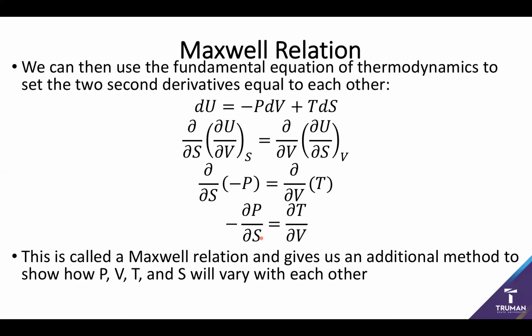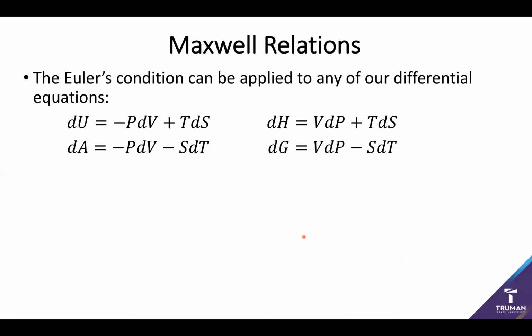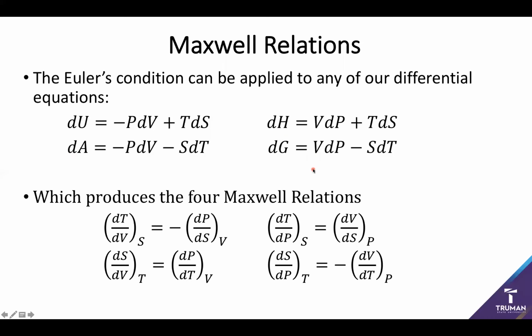So this is actually quite a powerful set of equations. And in truth, you can apply these to any of our four differential equations, whether it's internal energy, Helmholtz, enthalpy, or Gibbs. When we apply these derivatives to each of our four equations, we're going to generate four Maxwell relationships.